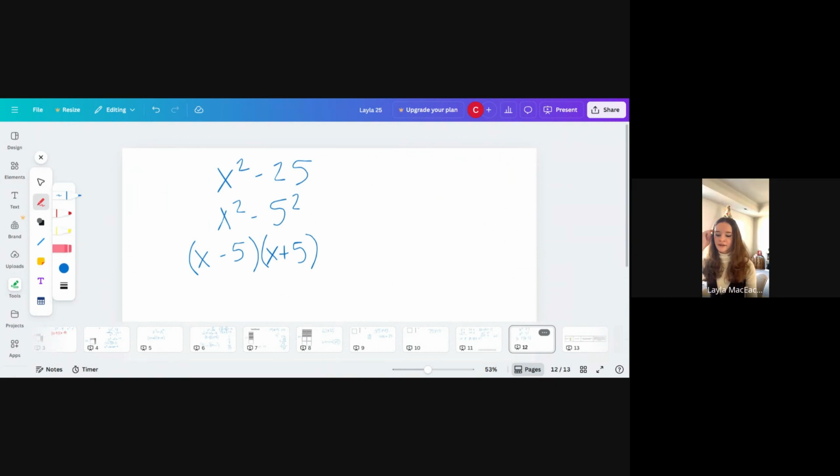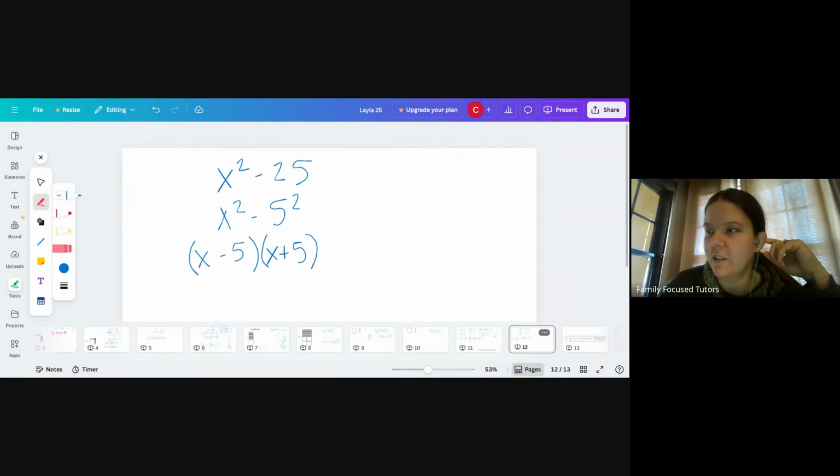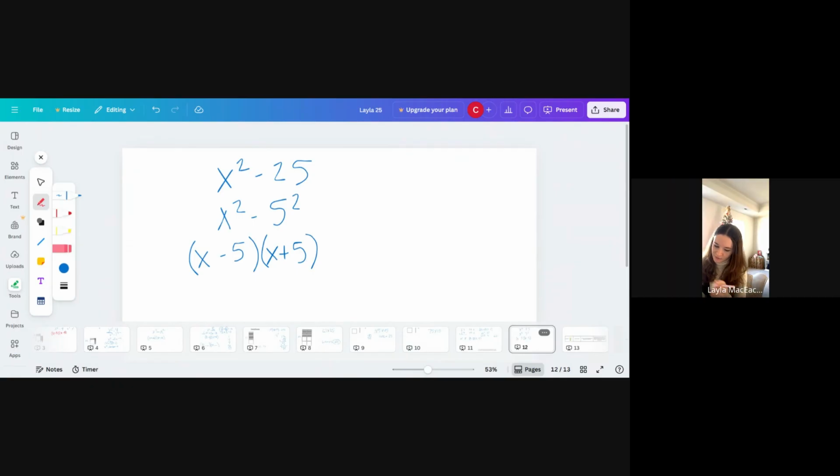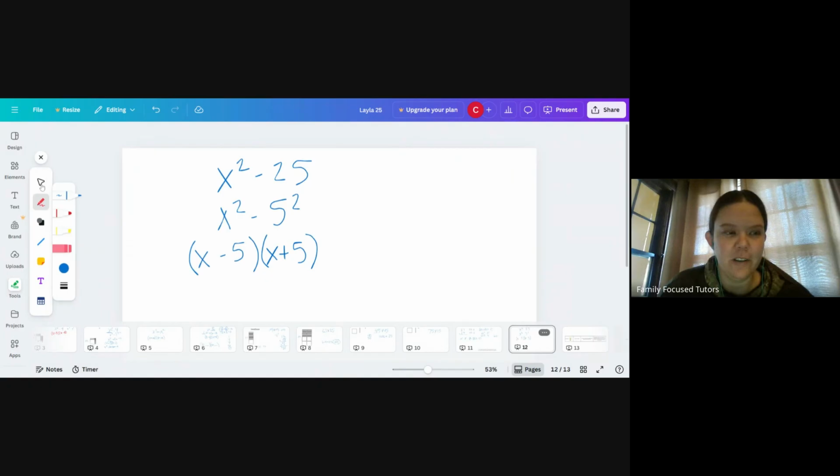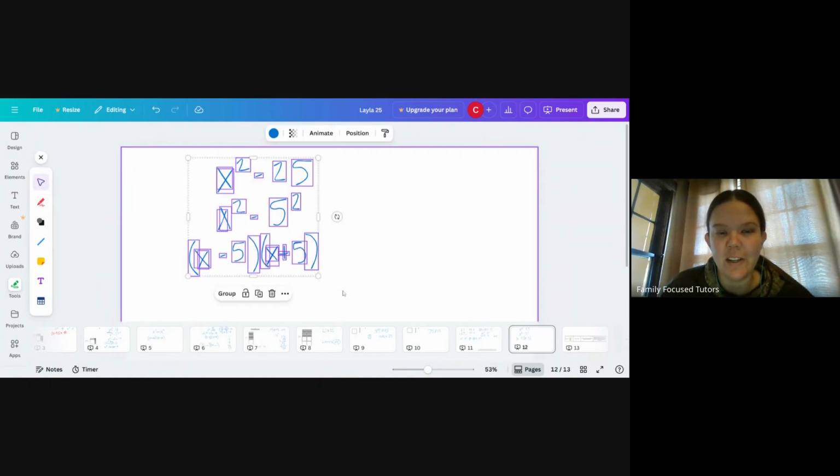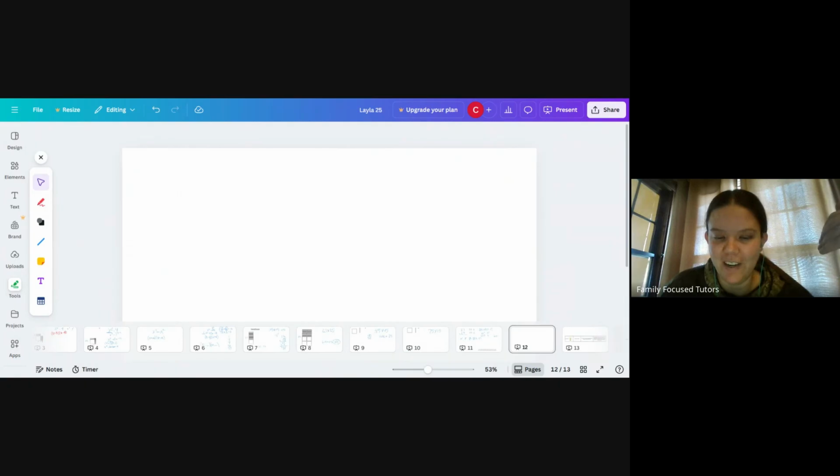So did this one. What were your two factors? X minus 5, x plus 5. There you go. Okay. So these are not terrible when you see the pattern, right?